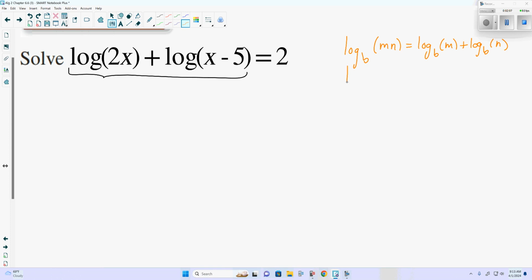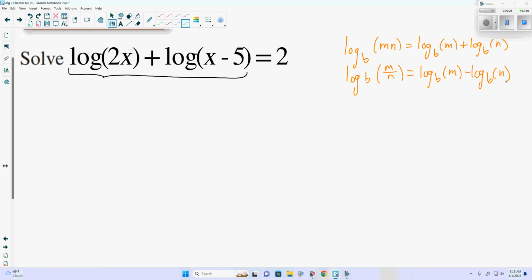Same thing's true with subtraction: log base b of m divided by n is equal to log base b of m minus log base b of n. If I have two logs with the same base being subtracted, we can rewrite it as a single log with what's inside being divided.